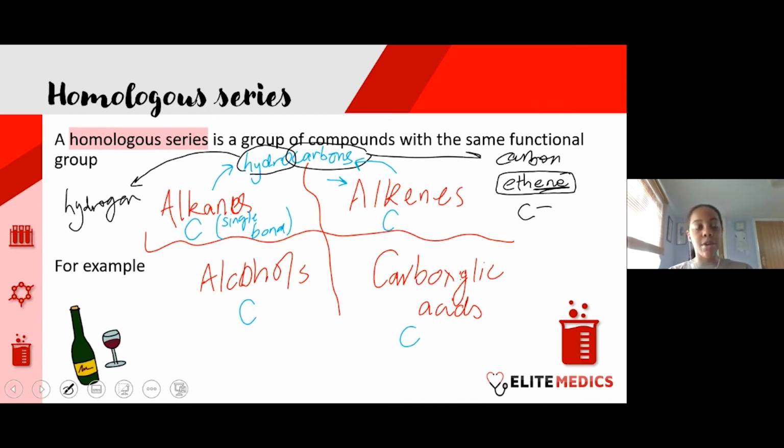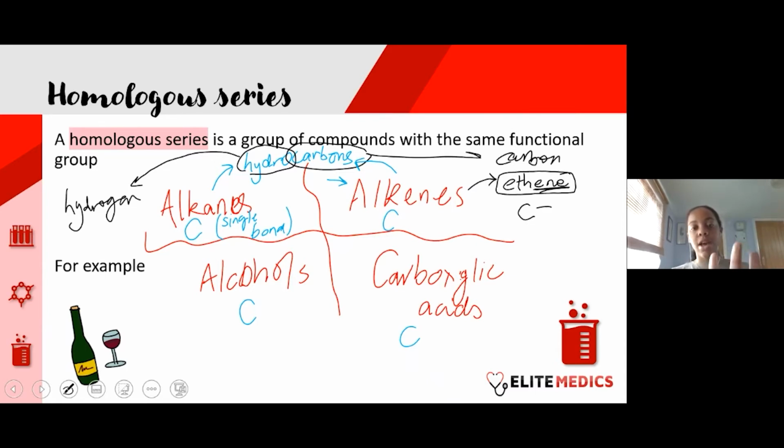So you'll have propene, butene, all of these kinds of things. In comparison with alkanes, we had methane, ethane, butane, okay? So they'll all have similar endings, and that's how you know it's part of that individual group, all right? So we are focusing on alkenes, and we have our example, ethene, all right?